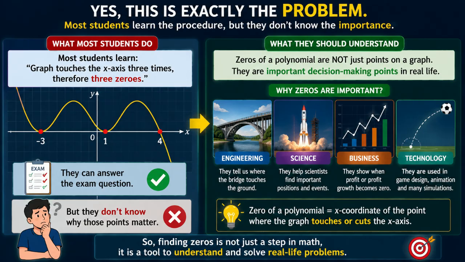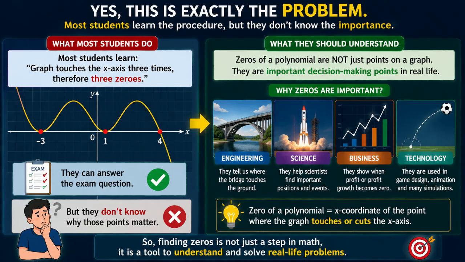Why are zeros important? In engineering, they tell us where the bridge touches the ground. In science, they help scientists find important points and events. In business, they show when the profit or profit growth becomes zero.